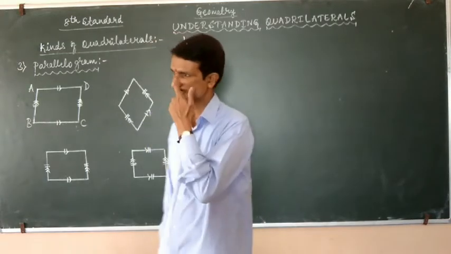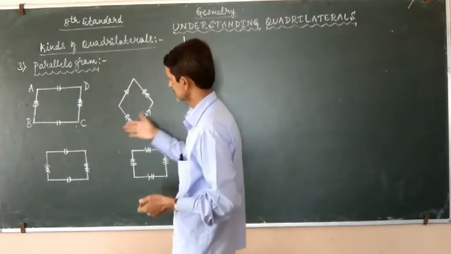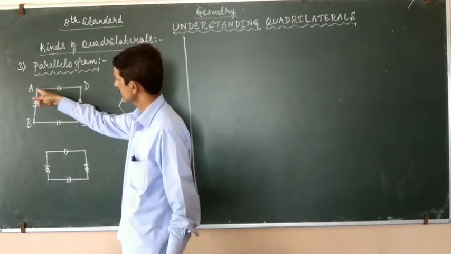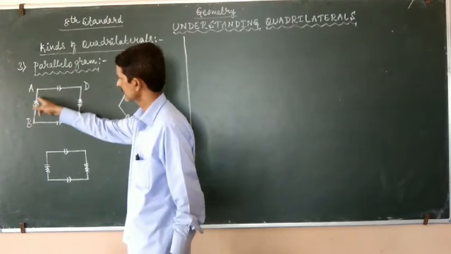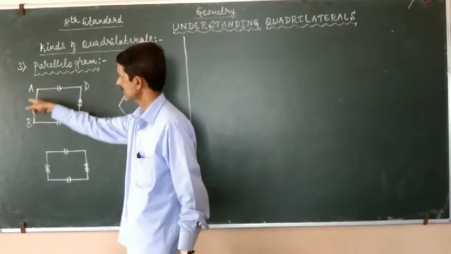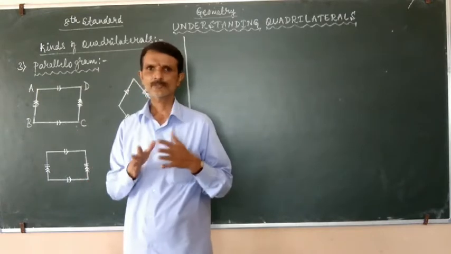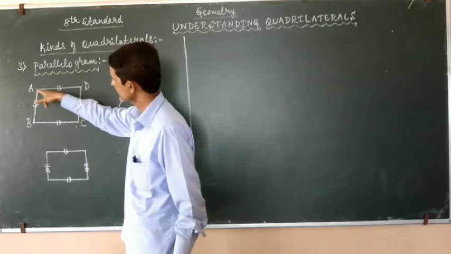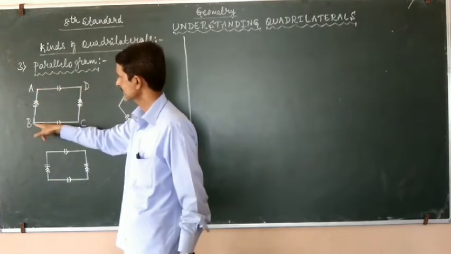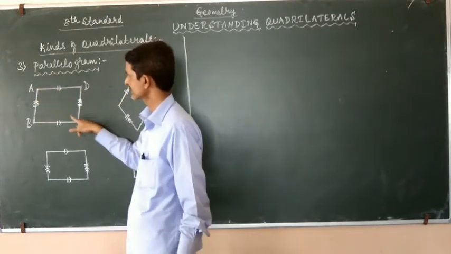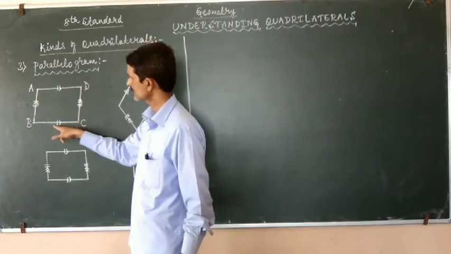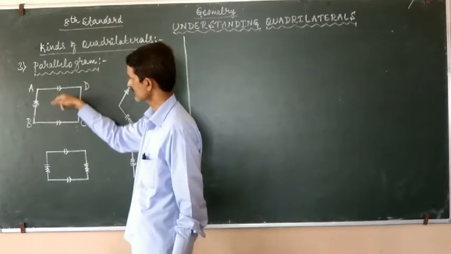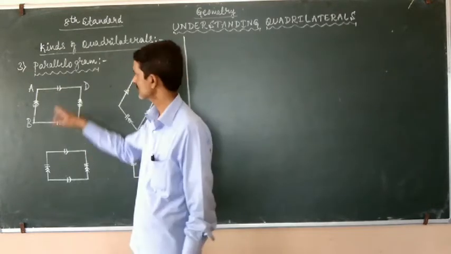Now students, if you observe these figures, in the first figure it is ABCD. ABCD is a quadrilateral. If you observe clearly, side AD is equal to side BC. It is marked as 1, 1.